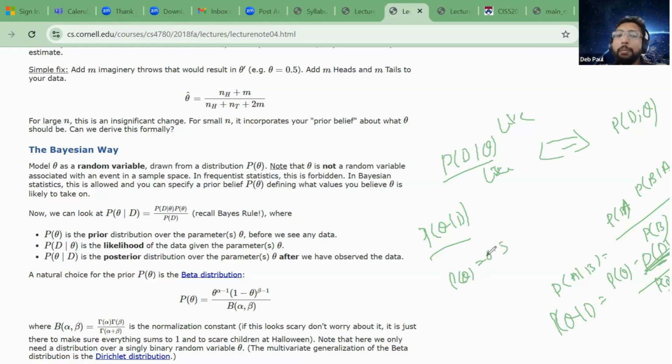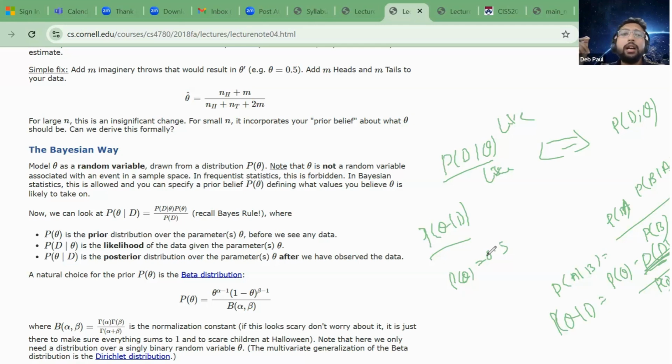What happens in that case is that if you don't have any data, you will say my probability of seeing a head is 0.5. So if I don't have any data, I will fall back to my prior belief. If I have some data, I will fine tune my prior belief with the data, and that is called the posterior.